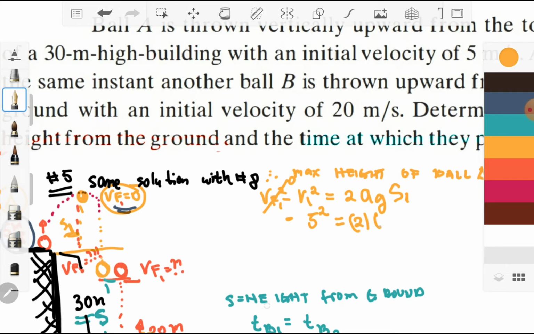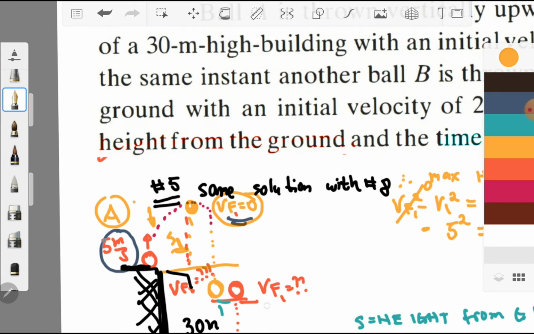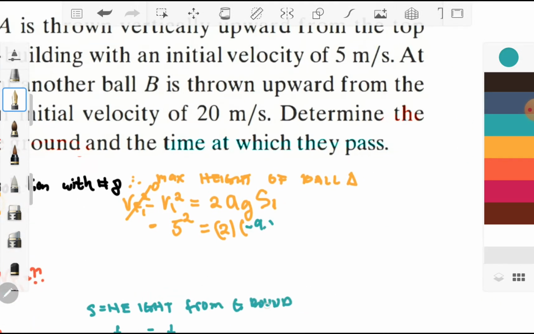Yung acceleration of gravity natin, since the velocity of the ball is against the acceleration of gravity, which is equal to 9.81 meter per second square. So therefore we have negative. It is against the velocity or the direction of motion is against the gravity. So 9.81 meter per second squared multiplied by our S1. So cancelling out your meter squared per second squared and then meter per second squared, so matitira is meter.